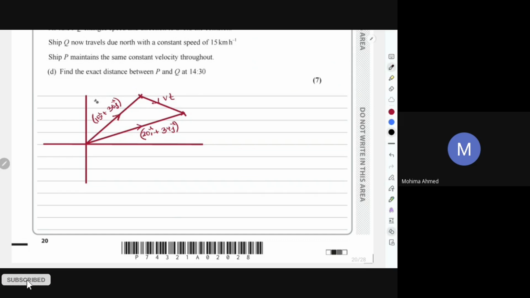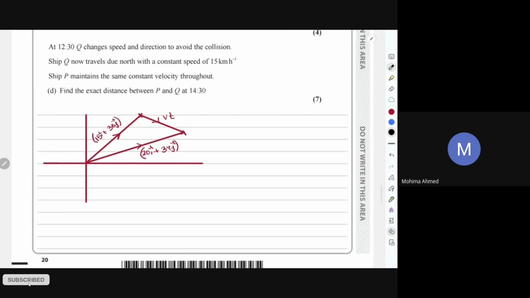Since I'm talking about ship P, let's think of this as R naught. The initial position vector is always referred to as R naught, and this is your vt, and this is your Rp, the position vector after 30 minutes of ship P.